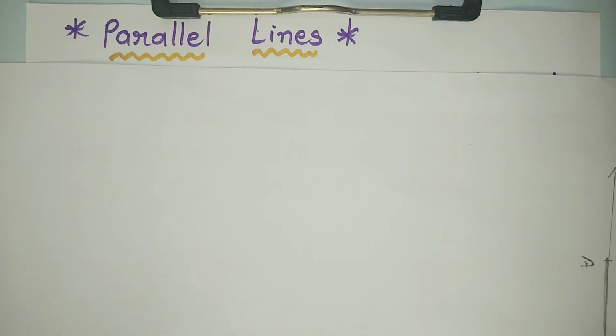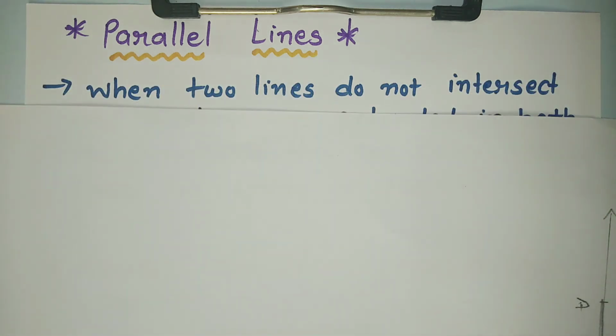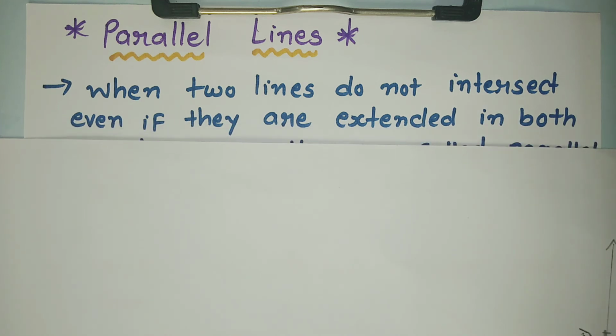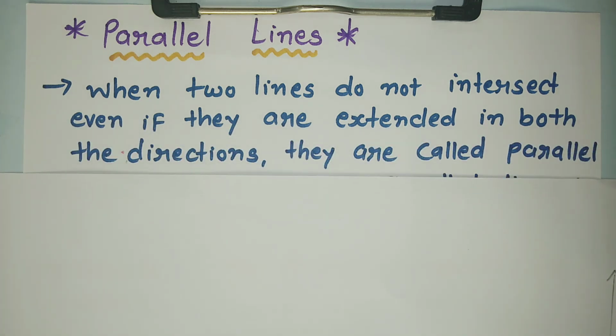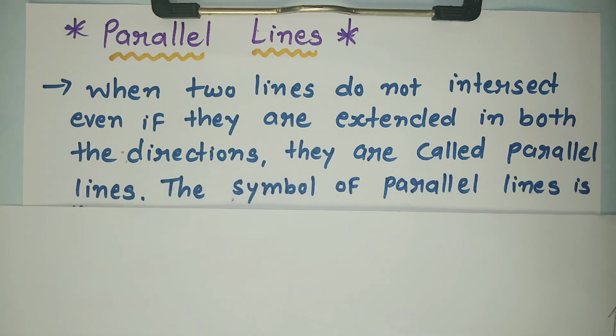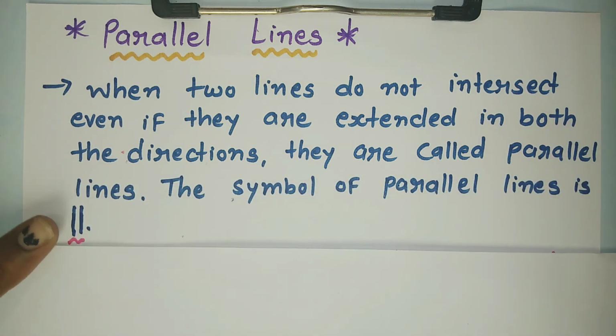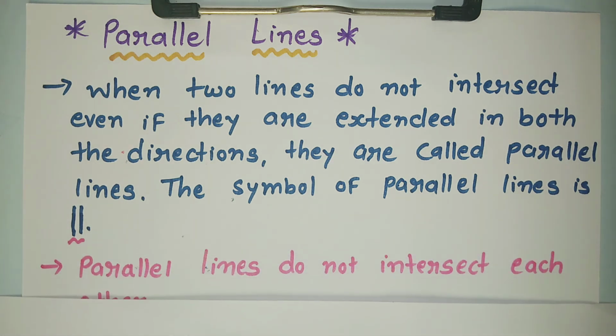Next, parallel lines. When two lines do not intersect, even if they are extended in both directions, they are called parallel lines. The symbol of parallel lines is two vertical lines together. If I have two lines and keep extending them on both sides, they still will not meet at one point. These lines are known as parallel lines.